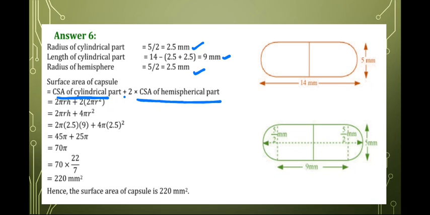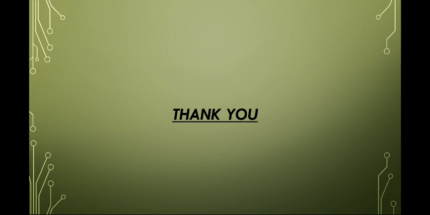I have explained the whole thing in the previous slide. Just put the formula in place of r and h, put the values, and you will get the surface area of the capsule as 220 millimeter square. So, the surface area of the capsule is 220 millimeter square. Thus, this is all for today. Thank you.